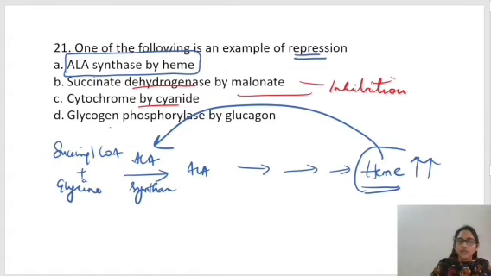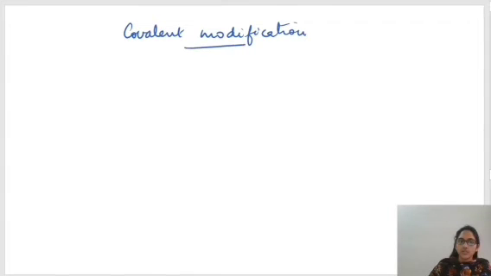And glycogen phosphorylase by glucagon. What do you know about this? Phosphorylation mechanisms, covalent modification. This is regulation of enzyme activity by covalent modification. Enzymes are activated or deactivated by phosphorylation or dephosphorylation. Let's take insulin and glucagon.